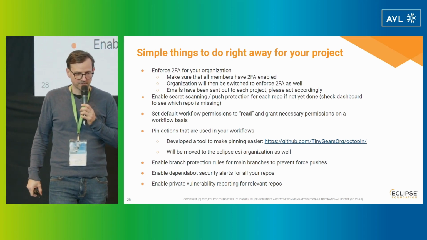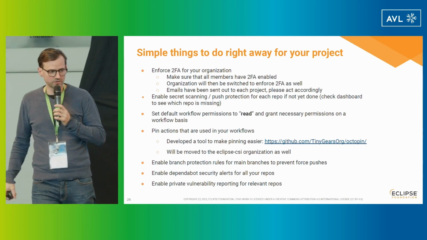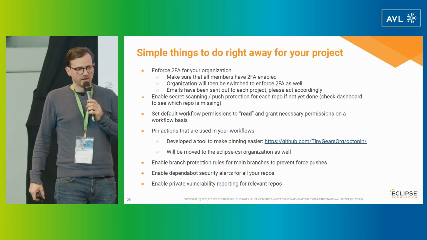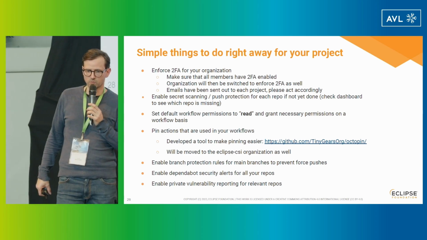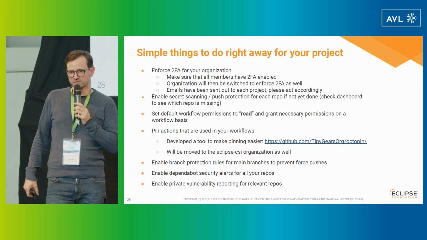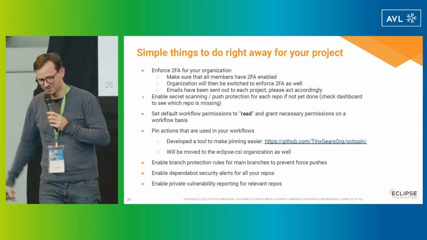Another thing that is quite important is that you should think about pinning the actions that you use. The reason for that is that the actions being used in workflows are usually referenced by version. And the version directly points to the source repository that is also hosted in GitHub.